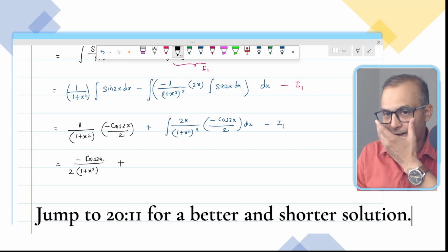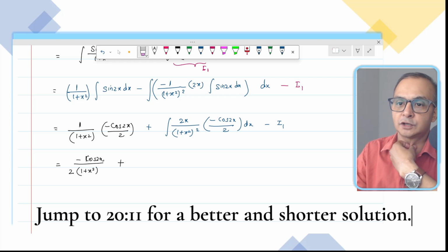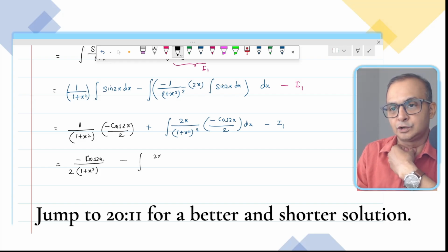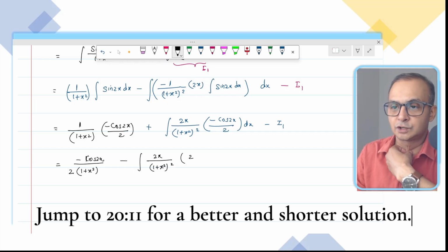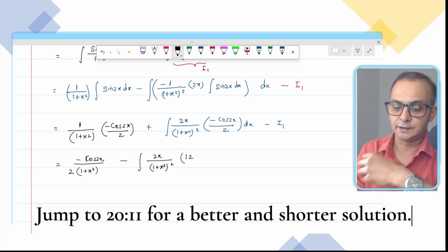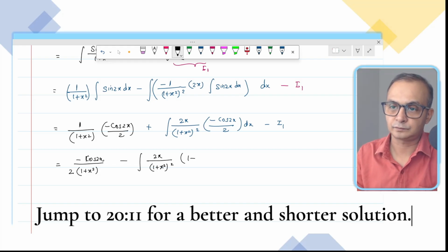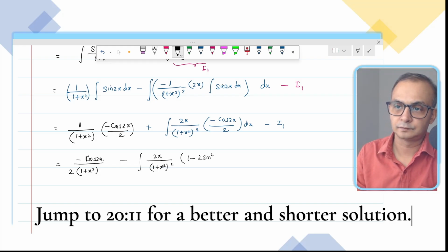So the trick is that we are applying this formula of cos 2x in form of sine. So I'm taking this minus out and I'm writing there 2x by 1 plus x squared the whole square, and this cos 2x I'm writing 1 minus 2 sine square x dx, and is minus I1.